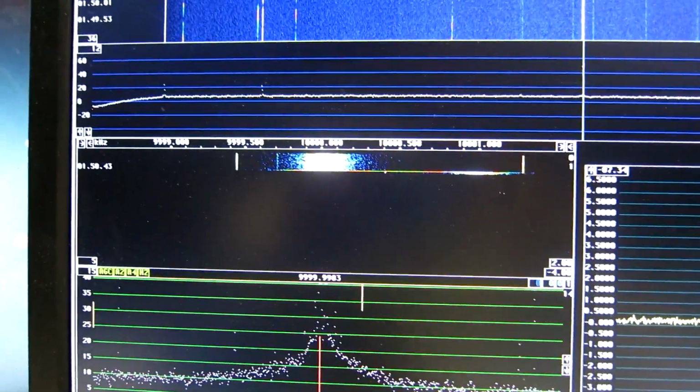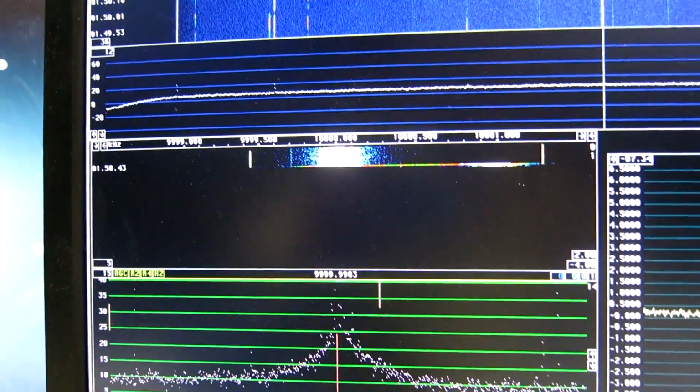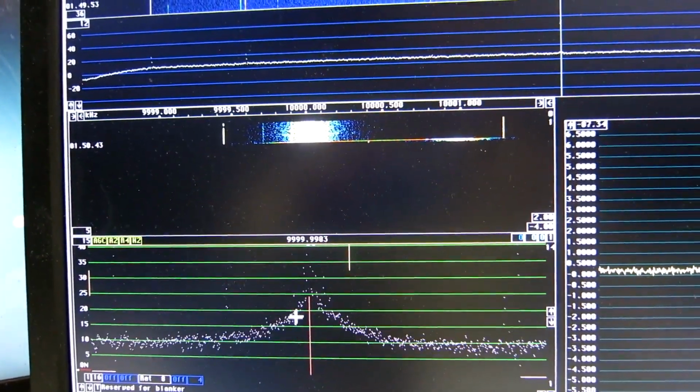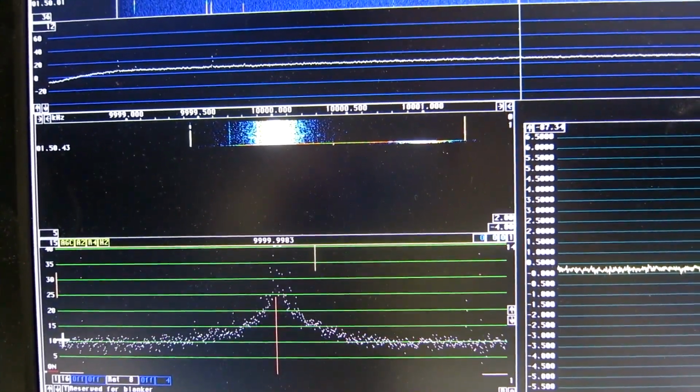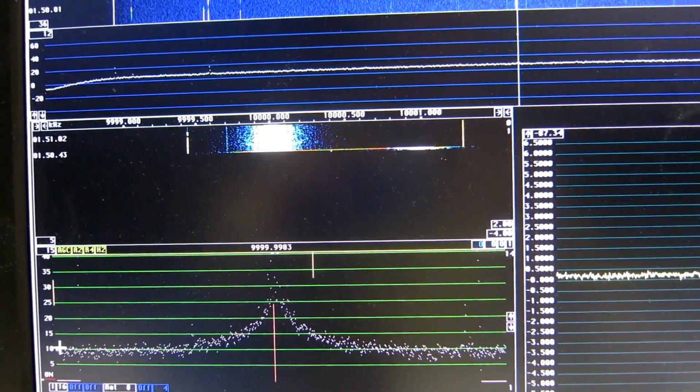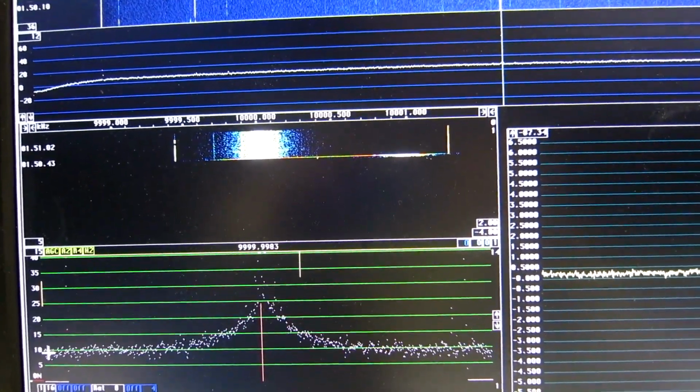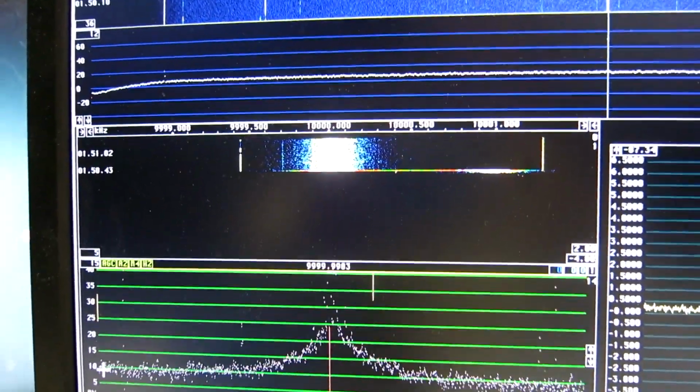And since we are 14 dB below room temp, this curve should be at least 14 dB above the floor at 10. That makes 24. So it is roughly in agreement.